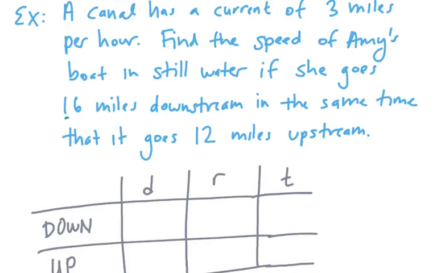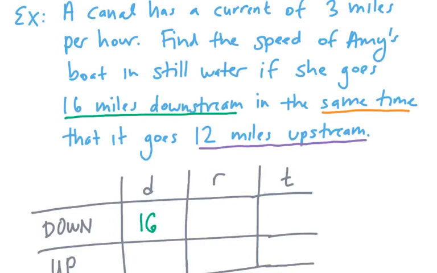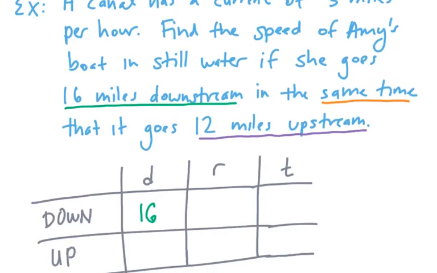We know she goes 16 miles downstream in the same amount of time that it takes for her to go 12 miles upstream. So those 16 and 12 can be placed immediately in my chart. I also know that whatever time ends up being here, it will be exactly equal to the time that goes here.